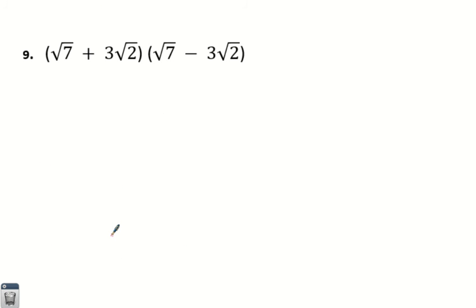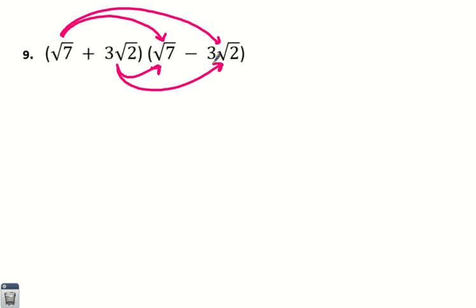Number 9, this multiplying just ends up being FOIL. So here we go, pretty much doing what we just did. Root 7 times root 7 at the end of the day is just 7. Root 7 times negative 3 root 2, the roots can multiply together, so minus 3 root 14.